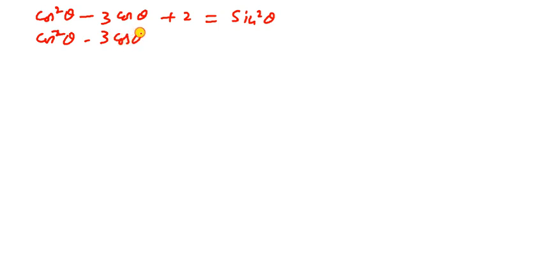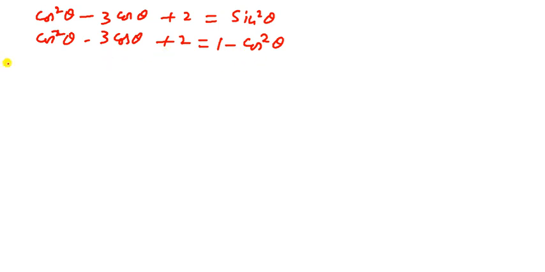Now come to the next question. It is cos square theta minus 3 cos theta plus 2 equal to sin square theta. Now find the value of theta. So it is cos square theta minus 3 cos theta plus 2.